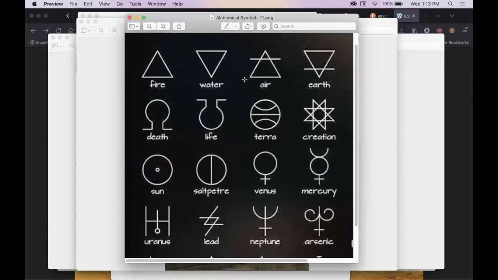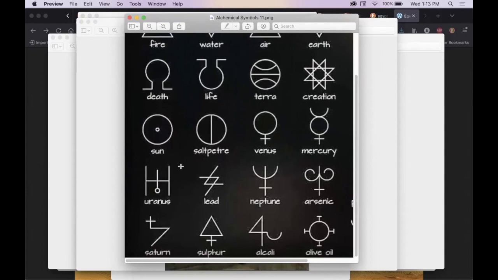And as you can see, here's all the other symbols. Look, the basketball that people are playing is Terra. When you play basketball, you're playing ball with Terra, which is Earth. Then down here, you guys recognize this? Uranus is one of the TIE fighters from Star Wars. There's nothing new under the sun. All we have to do is pick up the pieces and try to figure out what people are talking about.